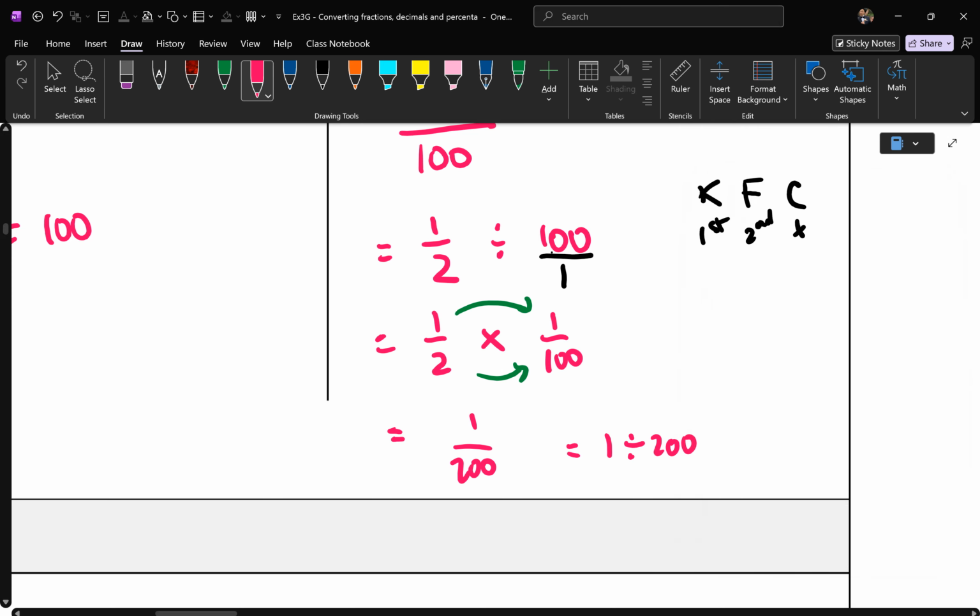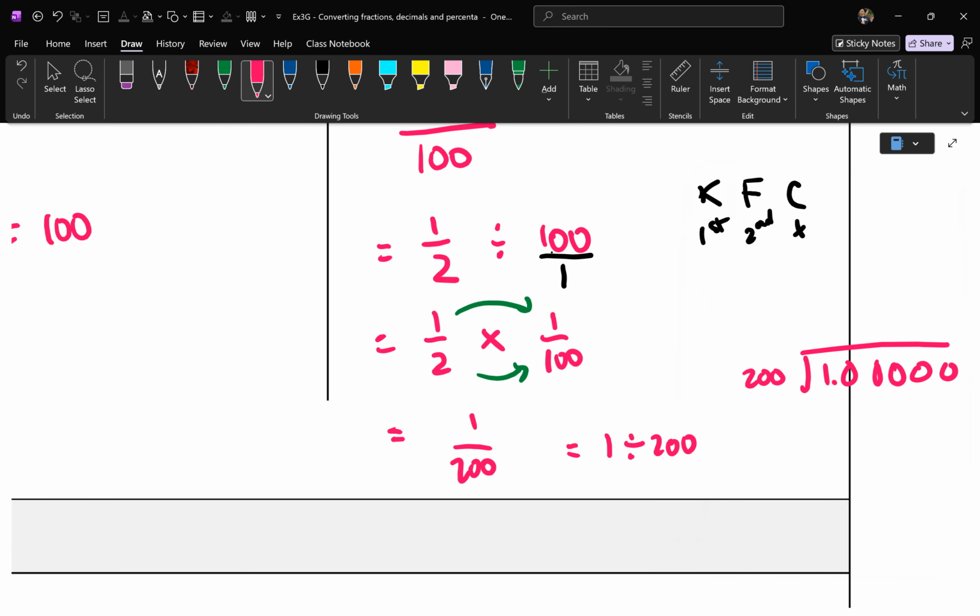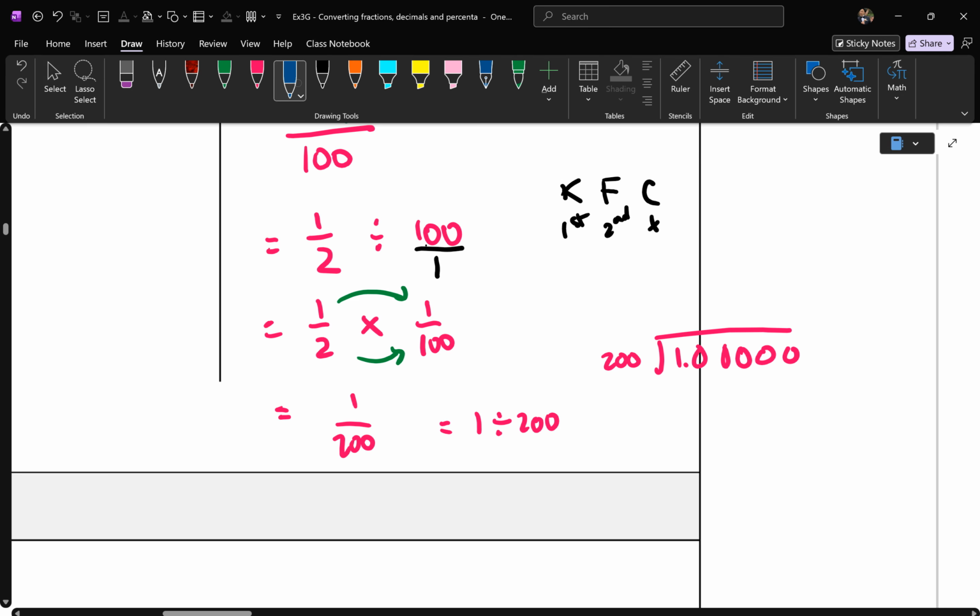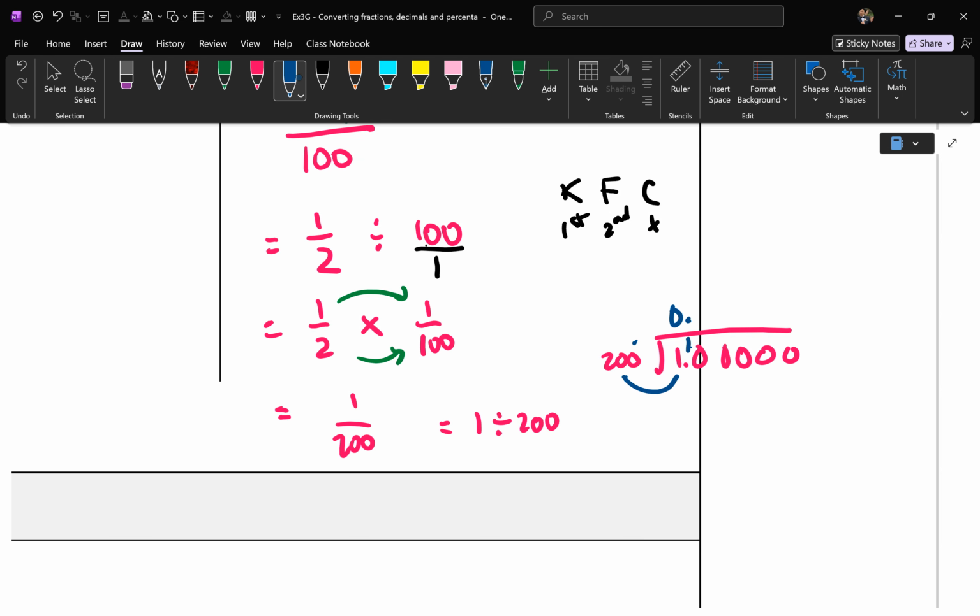If you did it by hand, you're asking how many 200s fit into 1. Can 200 fit into 1? No, so it's 0 point. Carry the 1 over. Can 200 fit into 10? No. So then you carry that 10 over.